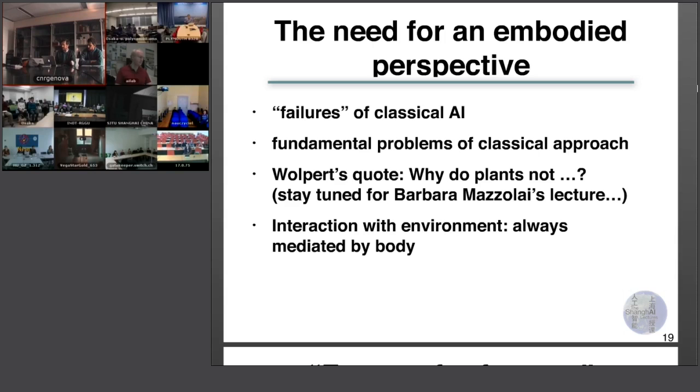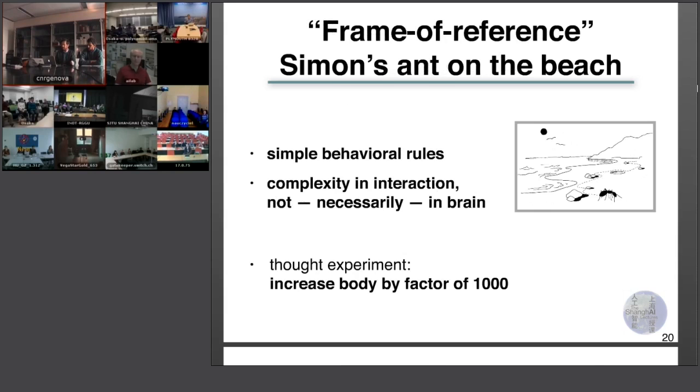So, talking about what we can do, we have seen the frame of reference problem. Where does the problem come from? An ant of the dimension of an ant on the beach will, so to speak, work, because the behavior comes from the interaction of the agent and the environment, and what the agent is doing in the environment.